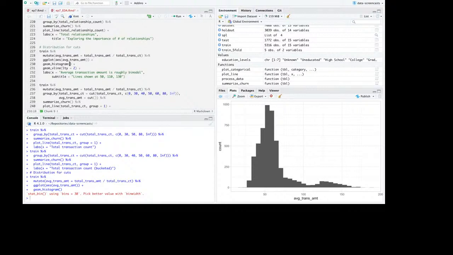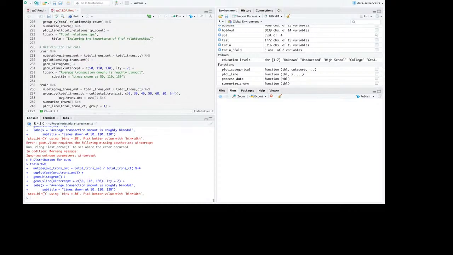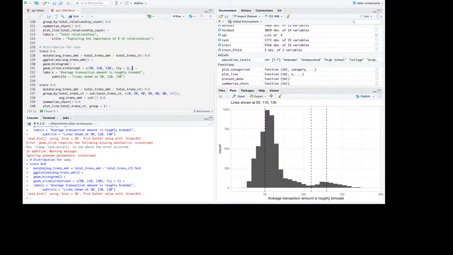And all right, so what I'm going to do is say x-intercept is 50, 110, 130. Nope, whoops. I don't like that 110. I like 100.